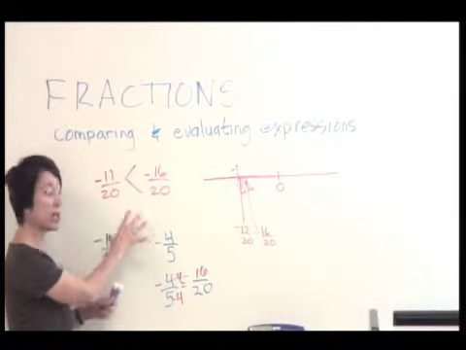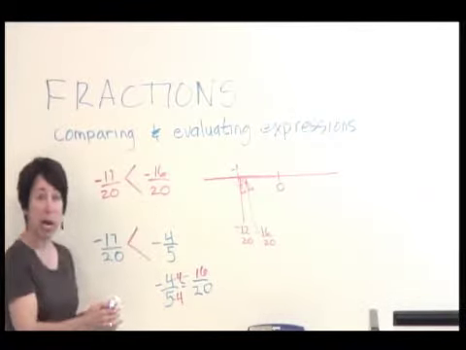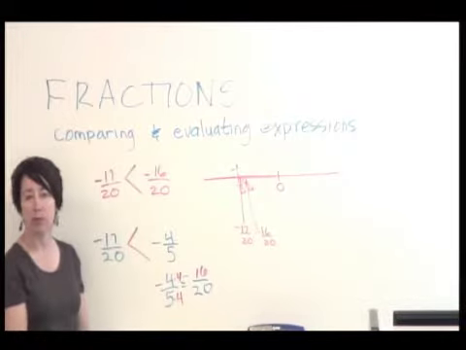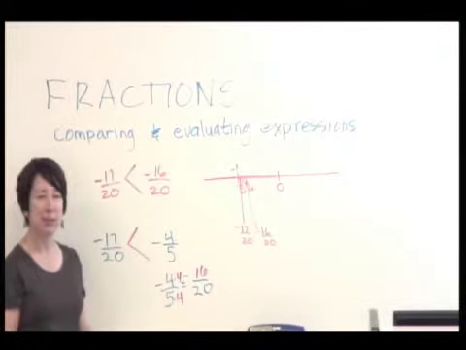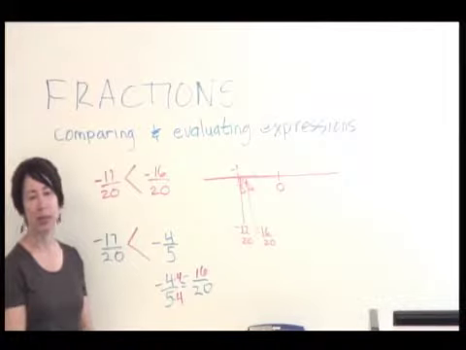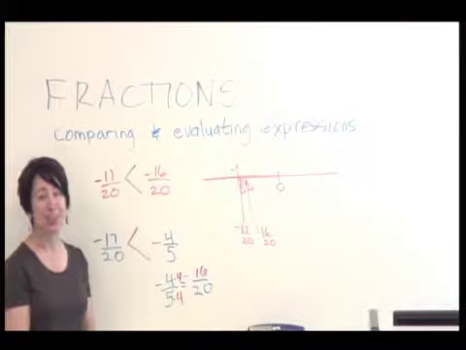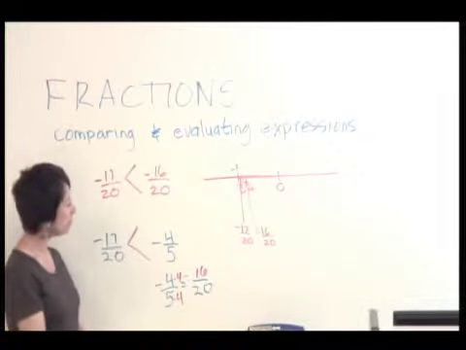So just be really careful about keeping track of which equivalent fraction belongs to which original fraction. Because you can get the right answer, but then put it in incorrectly if you're careless, which is going to be the case throughout this course and throughout any math course. So you have to be super, super careful.